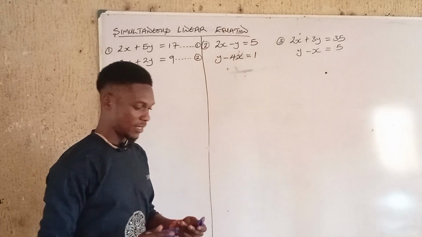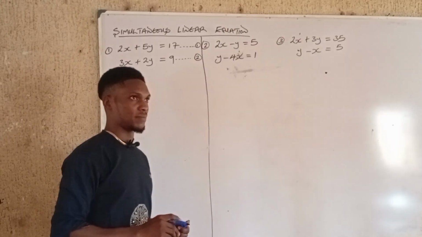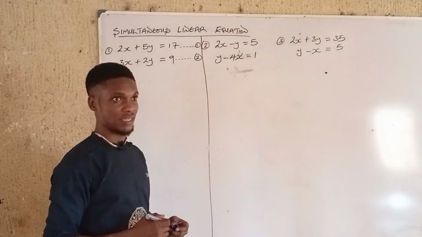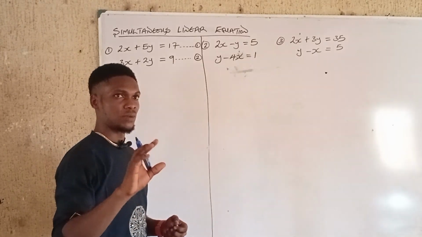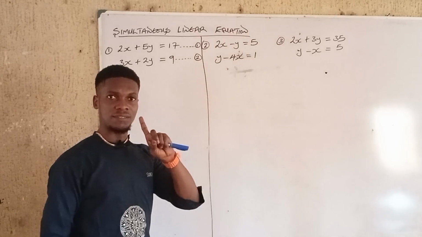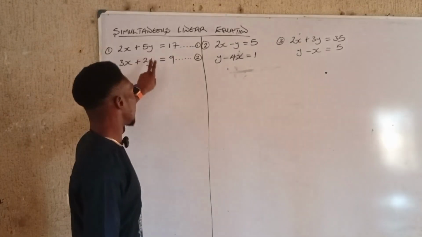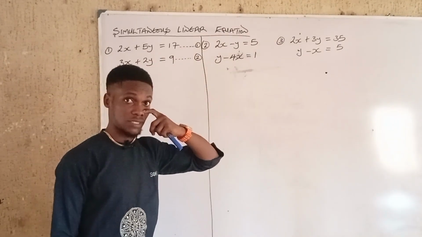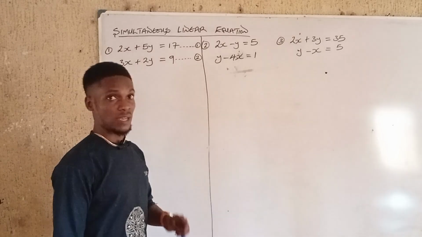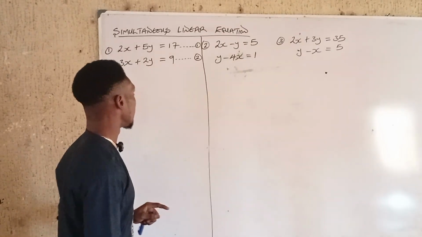We are not eliminating anything, and we are not plotting any graph. But look at the step, see what we are going to do. We want to find the first alphabet first, and between x and y, which alphabet comes first? That's x. So we are going to look for x first.